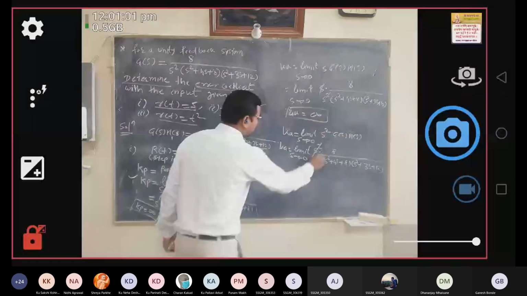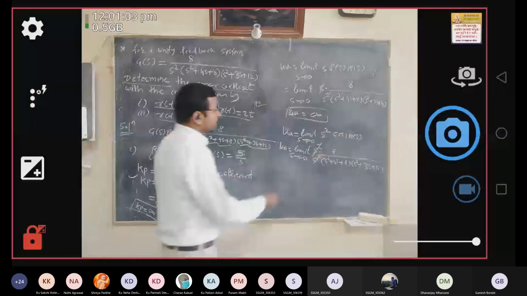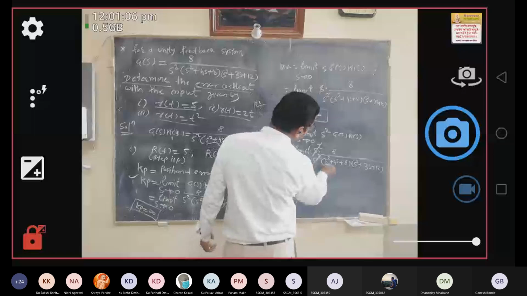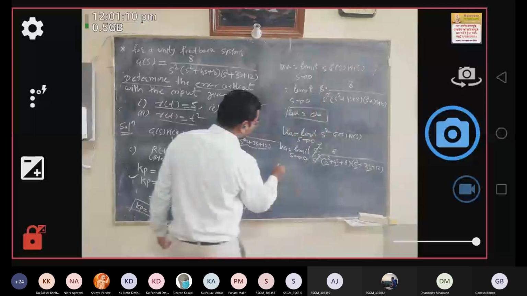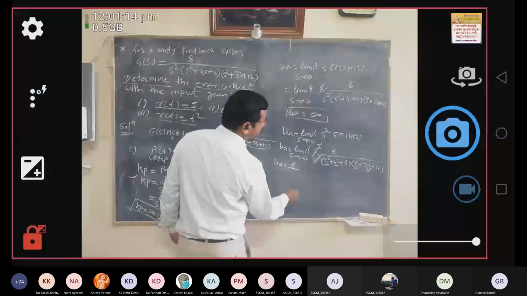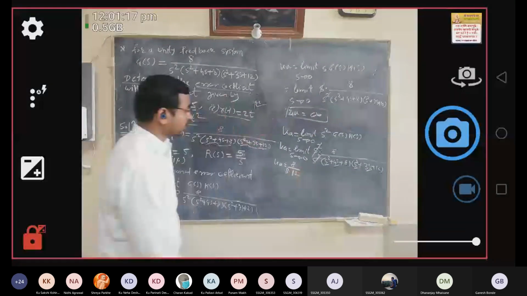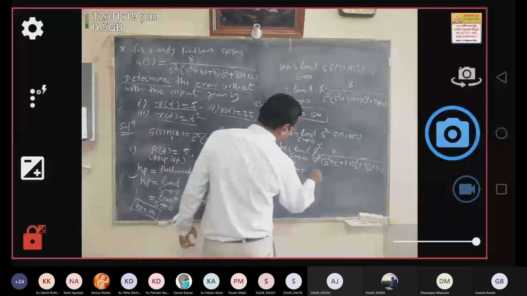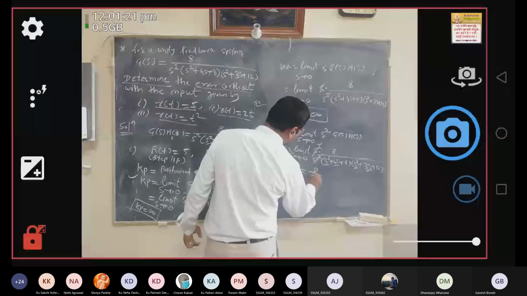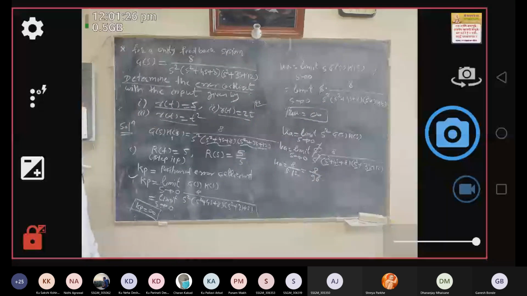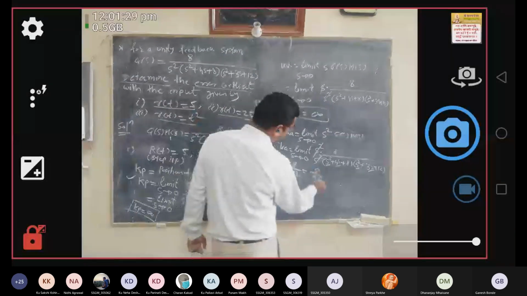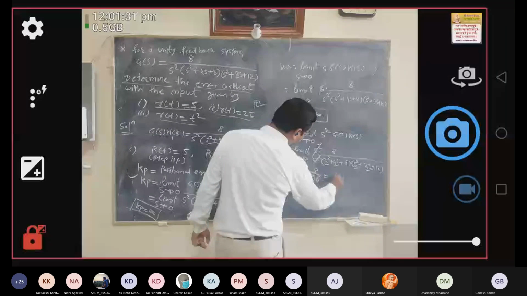So this s square will get cancelled. When you substitute s tends to 0, those terms become 0. So here Ka is equal to 8 by 8 into 12, that is 8 by 96, so it is 1 by 12.